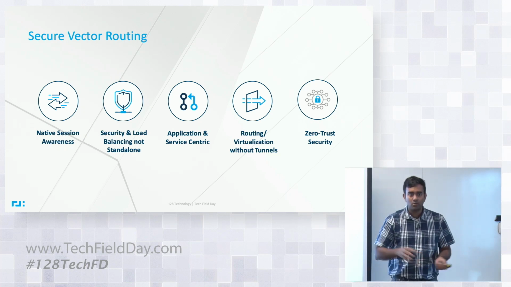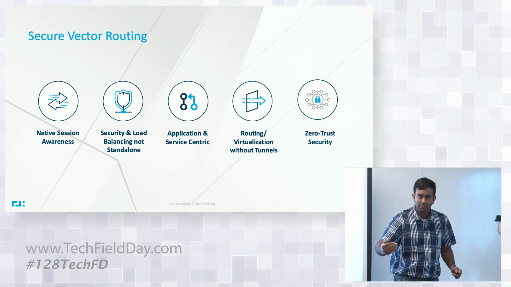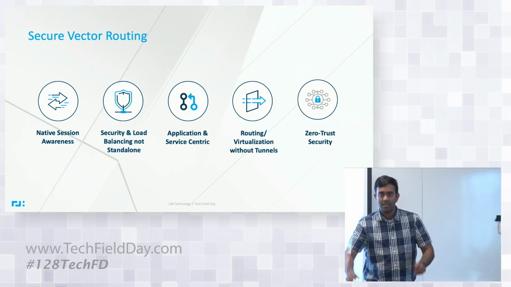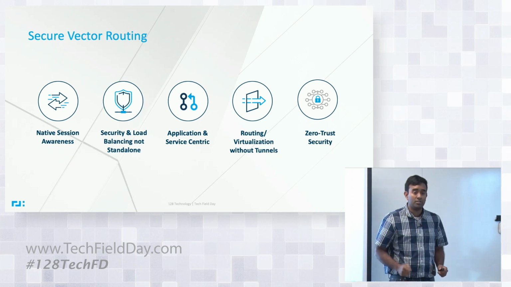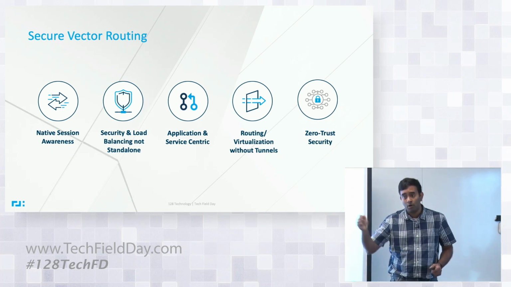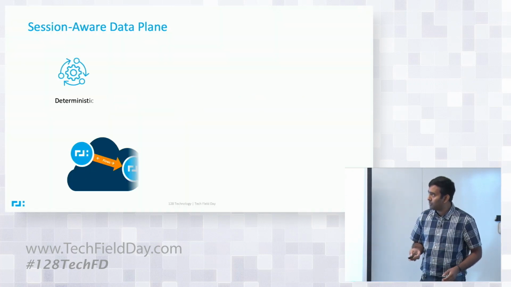Why? Simply because we are sticking to the basics, that is, take a packet, NAT the packet, send it to the destination. It doesn't matter how it's been sent, but just send the packet to the destination. But with as much security as you can get, as much session awareness as you can get, and as many policies as you can apply on it. So that's what Secure Vector Routing is all about.